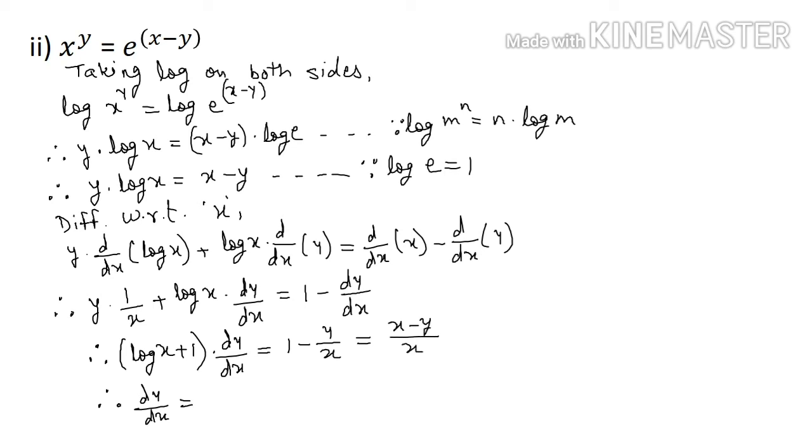So we get dy by dx is equal to x minus y upon x into log x plus 1. Now see, log x plus 1 on LHS is for multiplication. So when it goes on the right hand side, it will go for division. So we get dy by dx is equal to x minus y upon x into log x plus 1. This is your final answer of second sub question.